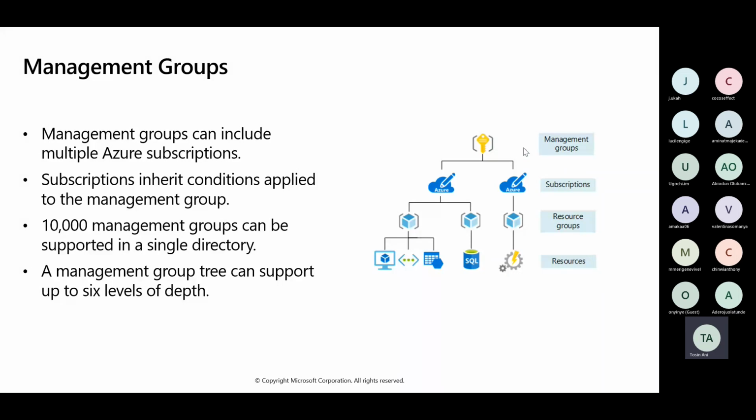So all the subscriptions here, we can see that they are under the management group. What it means is they will automatically inherit the conditions or whatever settings you decide to apply at the management group level. It's different layers. So the management group can act like, should I say, a main container for all the subscriptions within your organization. That's the idea of a management group.